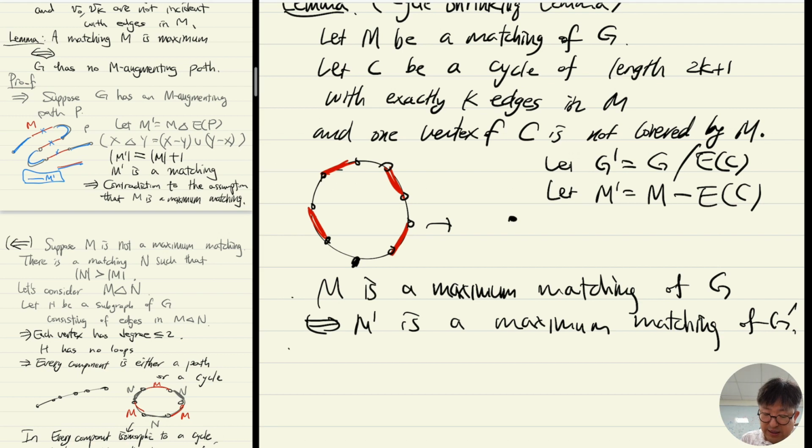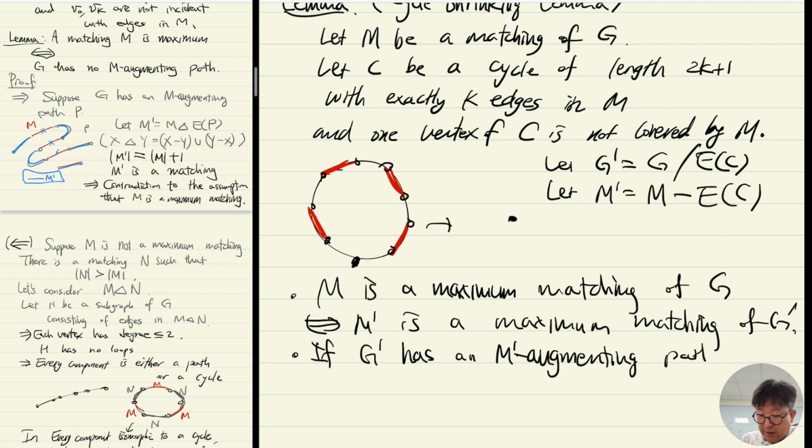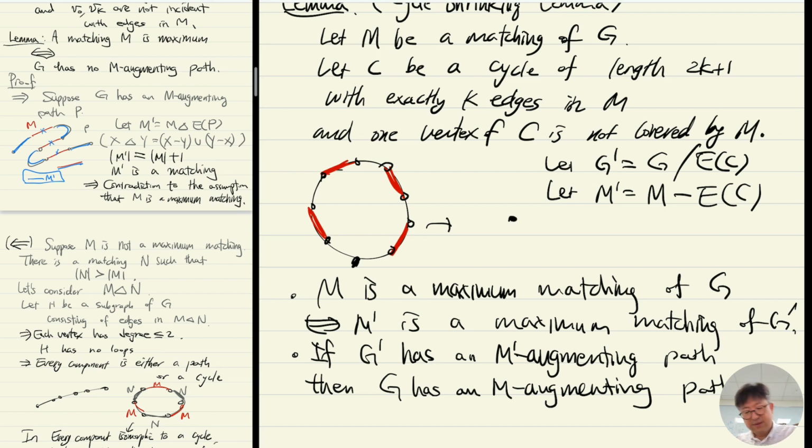Also, maybe I should say that if G prime has an M prime augmenting path, then so does G, okay, G has an M augmenting path. Is that a better formulation?